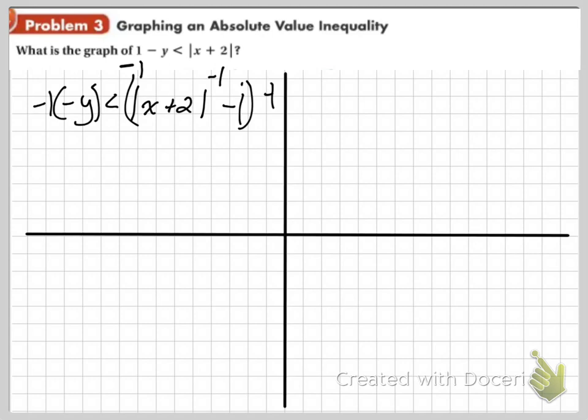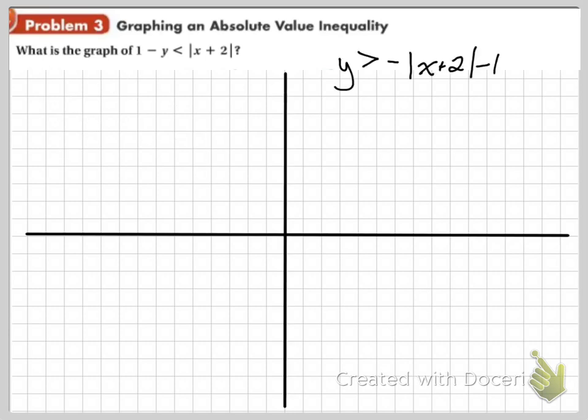Okay, so what do I end up with? Y. Now remember, it's an absolute value, so it's going to be greater than negative absolute value of x plus 2 minus 1. Okay, let me clean this up a little bit. Remember, your vertex here is -2, -1. So we're going to go to there first. So -2, -1.